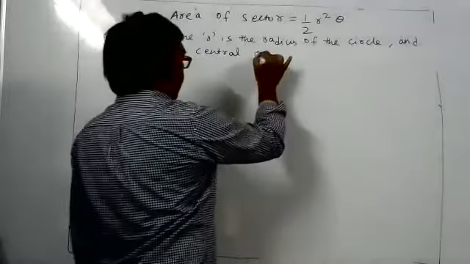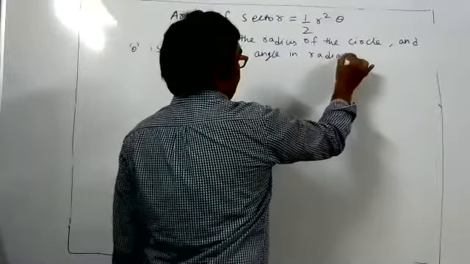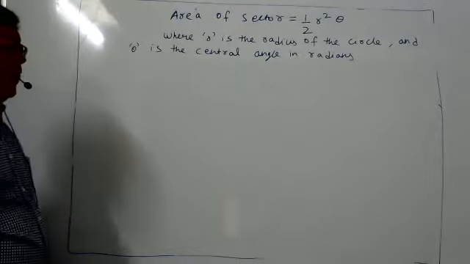Theta is the central angle in radians. This is the formula of area of sector, half r square theta.